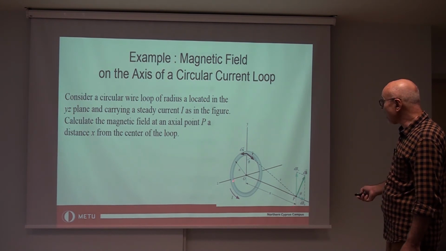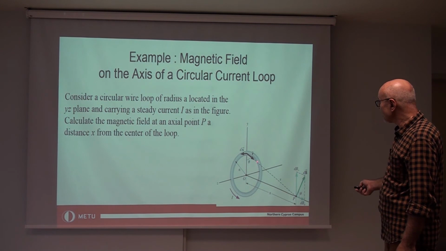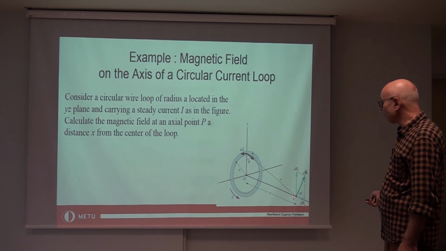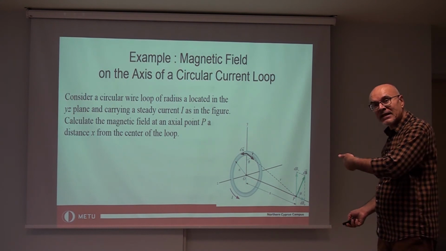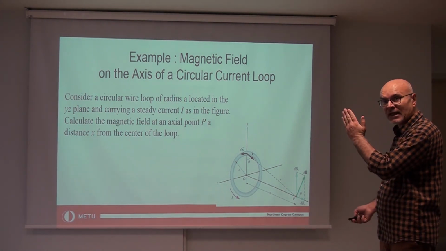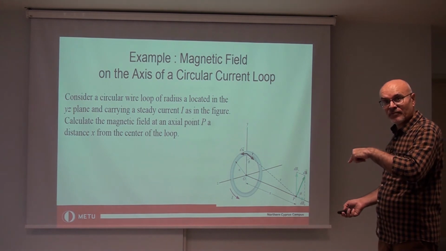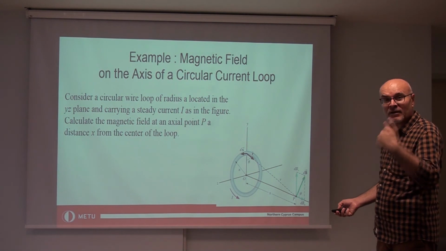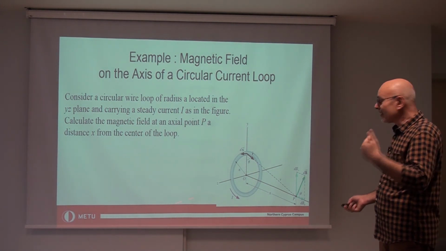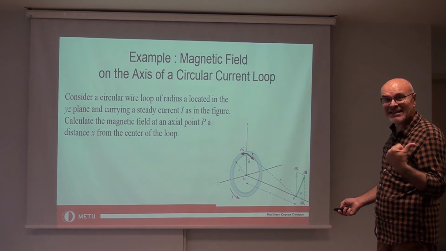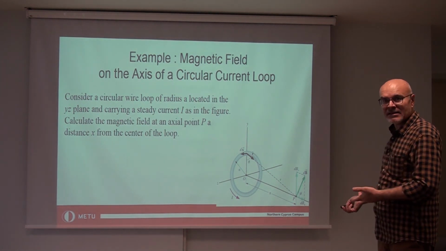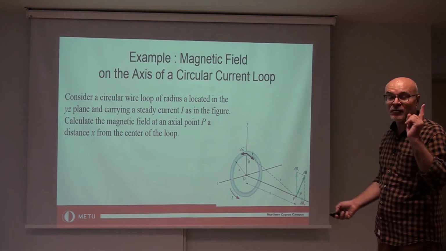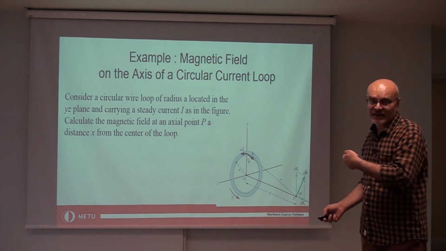Now this applies to any ds you can ever choose. Any ds you choose will contribute a field which has two components, one along the x-axis and the other perpendicular to that axis. There is always a mirror image of that ds across O that will contribute a dB where the perpendicular component cancels. So when we add up all the ds's, we will end up only with a field along the x direction.